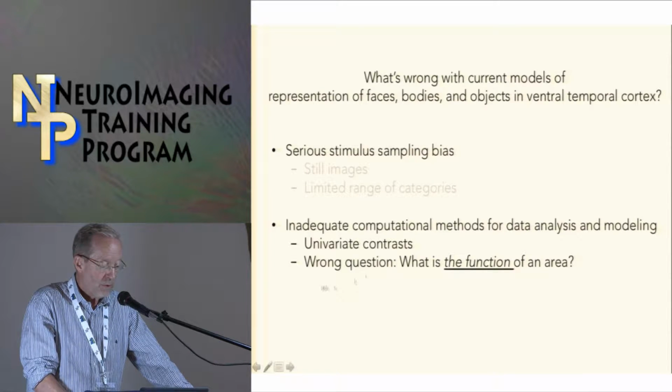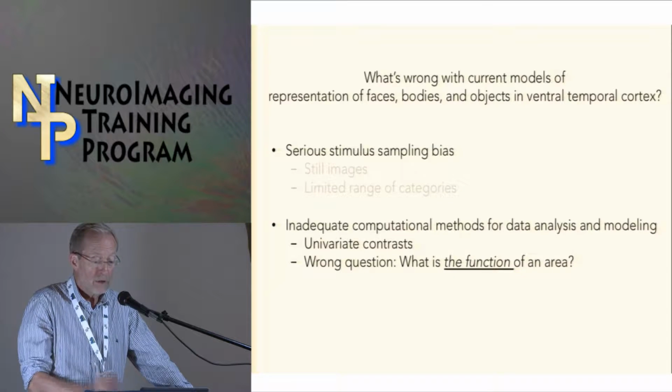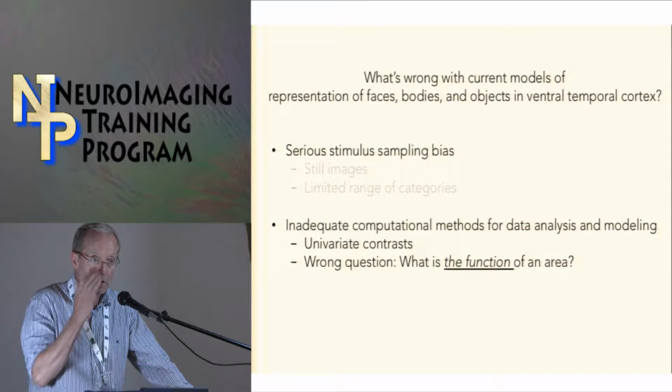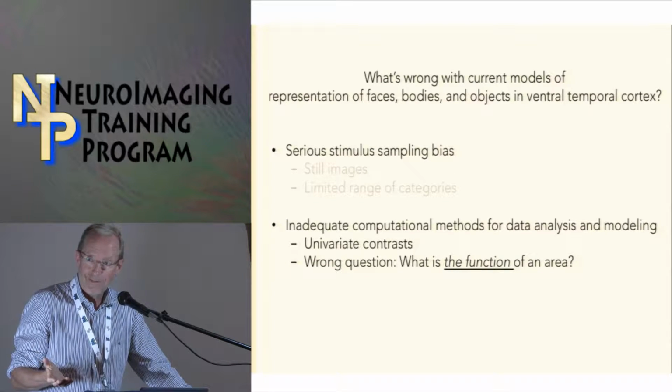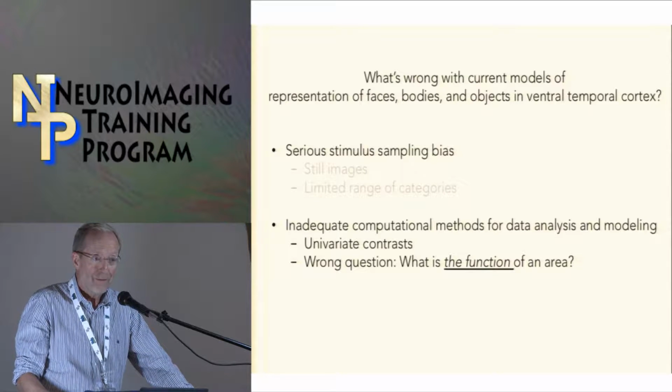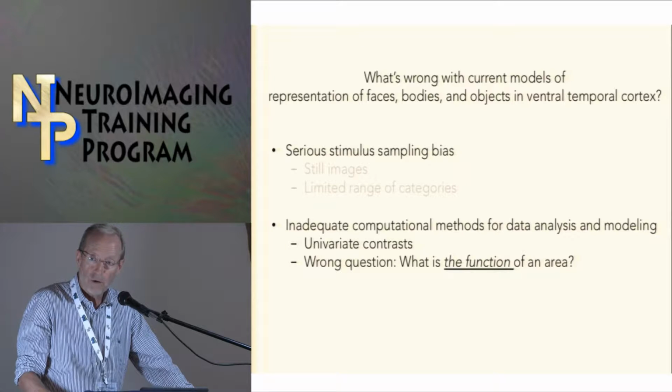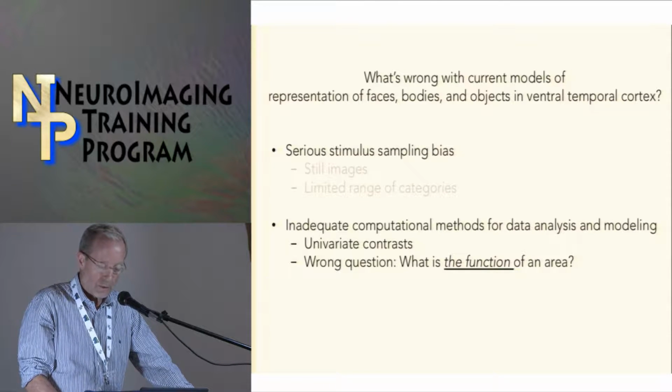The second problem is that the computational methods for data analysis and modeling are based on univariate contrasts, and they ask the wrong question. They ask, what is the function of an area? So when identifying a face area, they say, well, this area responds more to faces than everything else, so it must be specialized for faces. So that's its function. And that's a very impoverished way to think about the tuning function for a patch of cortex. And I'll go into details about why I think that's a problem.